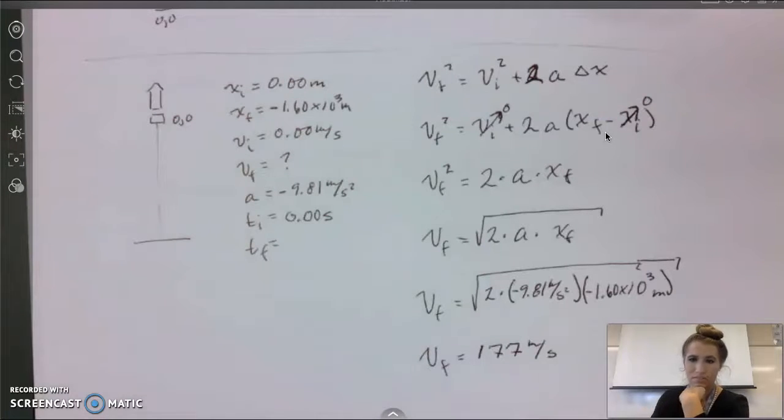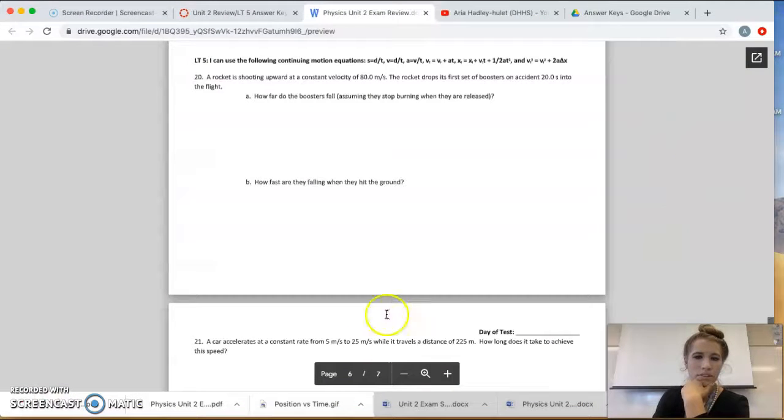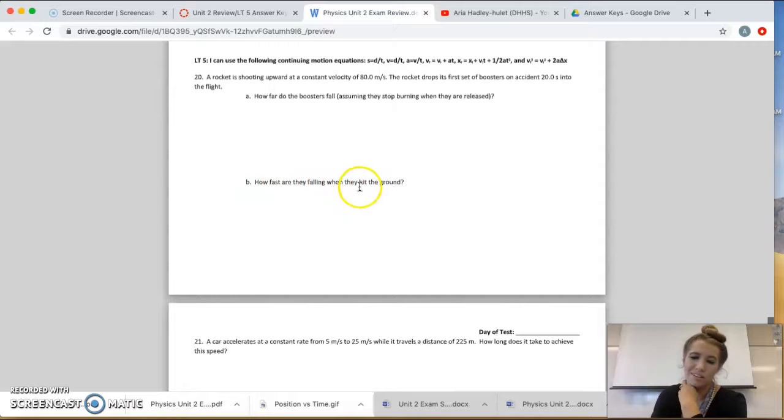Okay, and let's confirm what we had on here. How fast are they hitting the ground? That doesn't necessarily mean velocity, so you don't have to include the direction on that one. And I have the test set up so that if you come across a problem like this, if you put the positive version or the negative version, you get full credit.